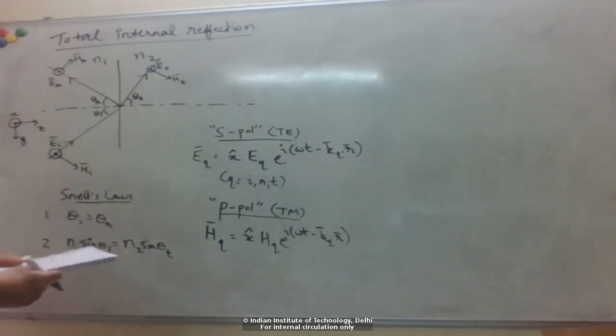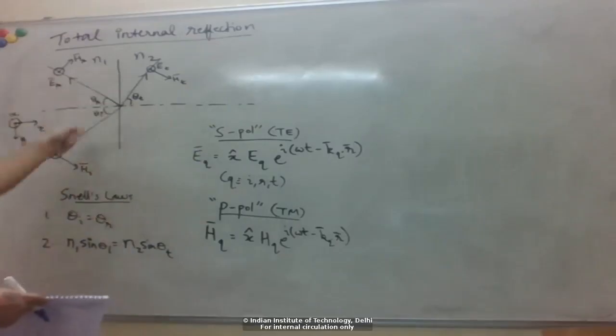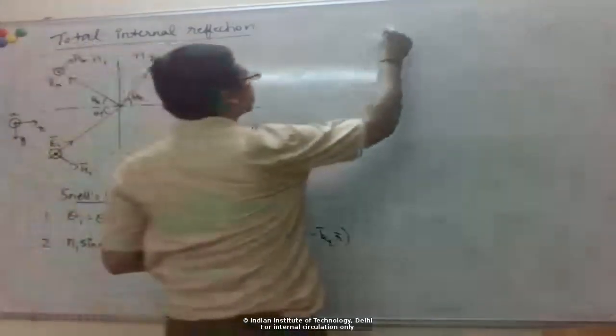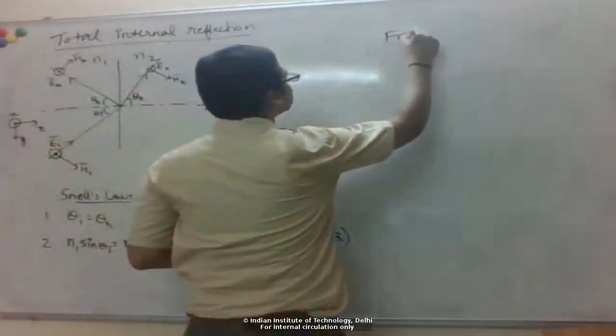And then when we solve for the amplitudes, we get what are known as the Fresnel reflection coefficients.